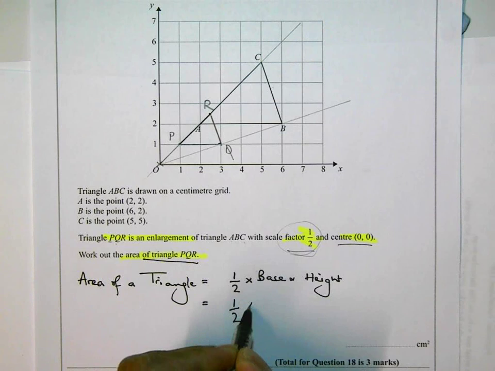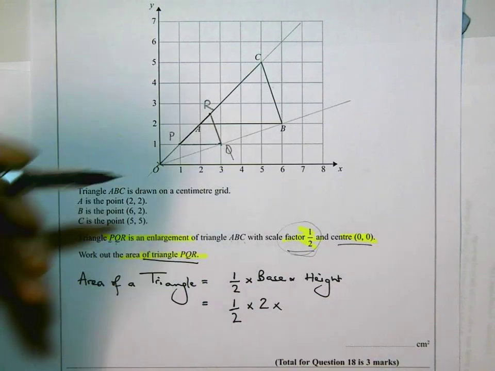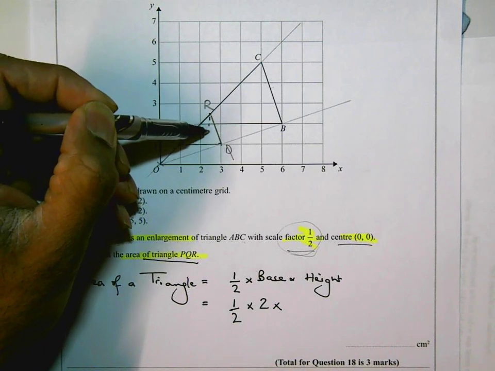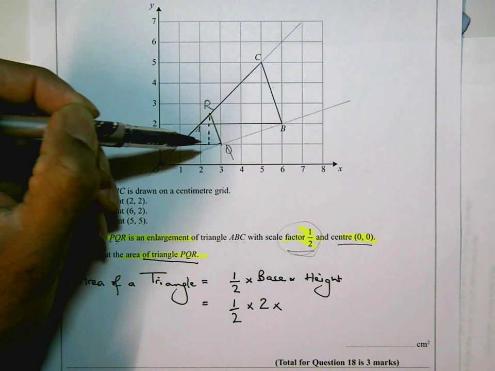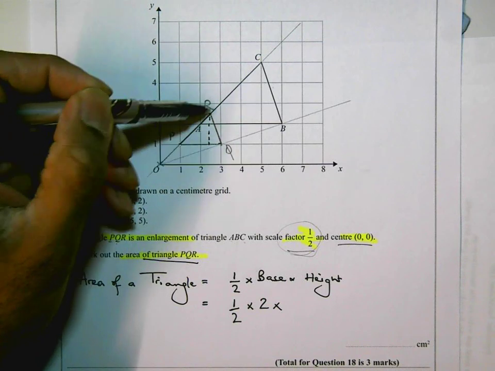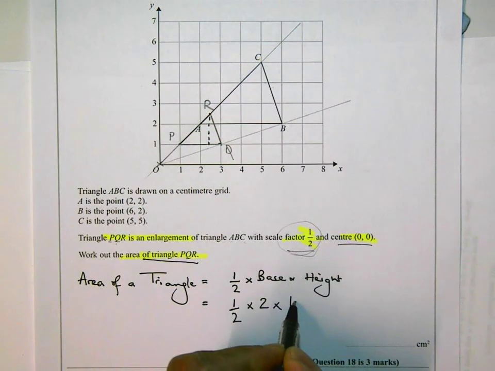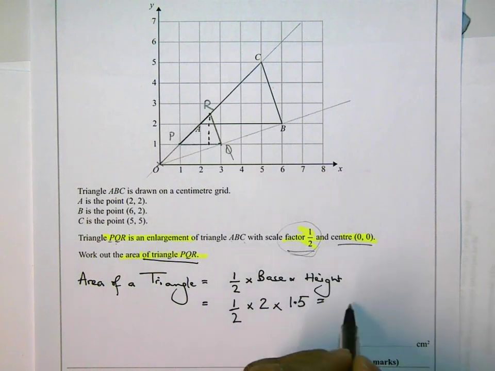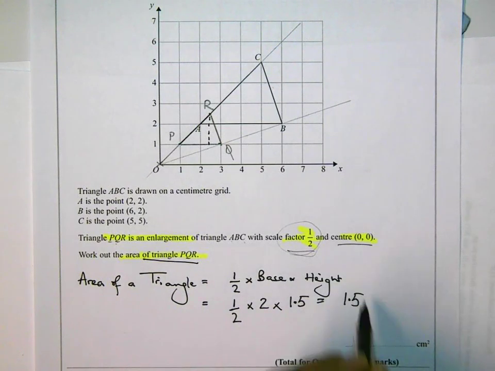And the height of that triangle is all the way from there to there. So that's the height. And the height is 1.5 squares. So it's 1.5. Now, working this out, a half of 2 is 1. 1 times 1.5 is 1.5. And so that gives me my answer, 1.5 centimeters squared.